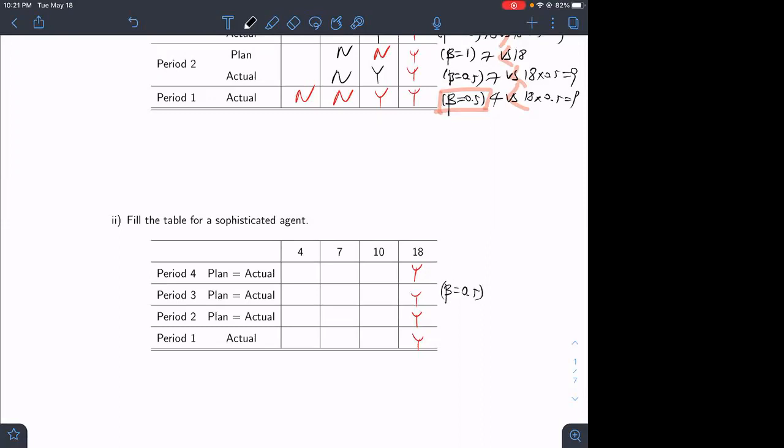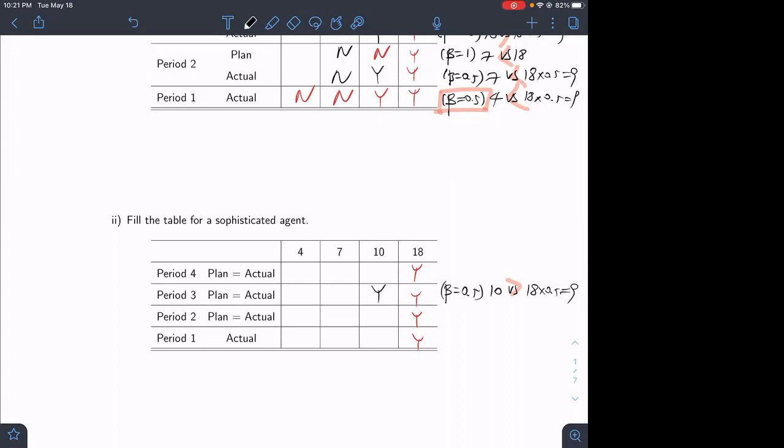Regardless of plan or actual choice, he's always solving the correct problem. We compare this 10 with 18 times 0.5 times 1 for the discount factor, delta. So his utility in the future will be 9. And we can see that 10 is larger than 9, so he will watch the movie.